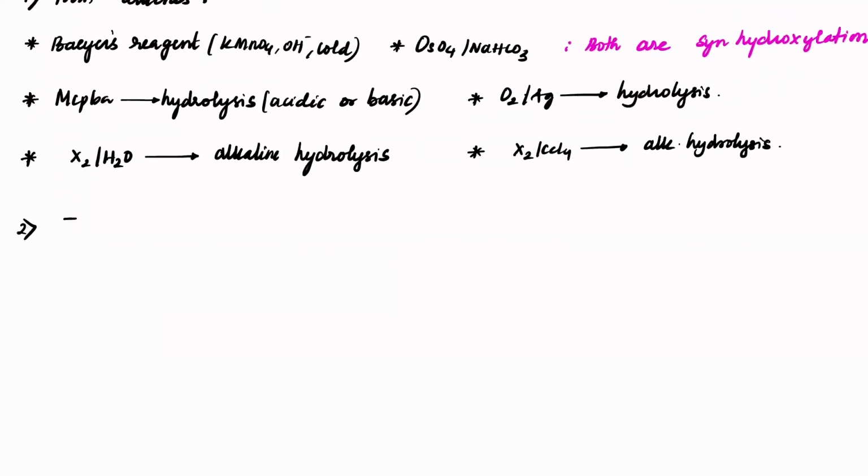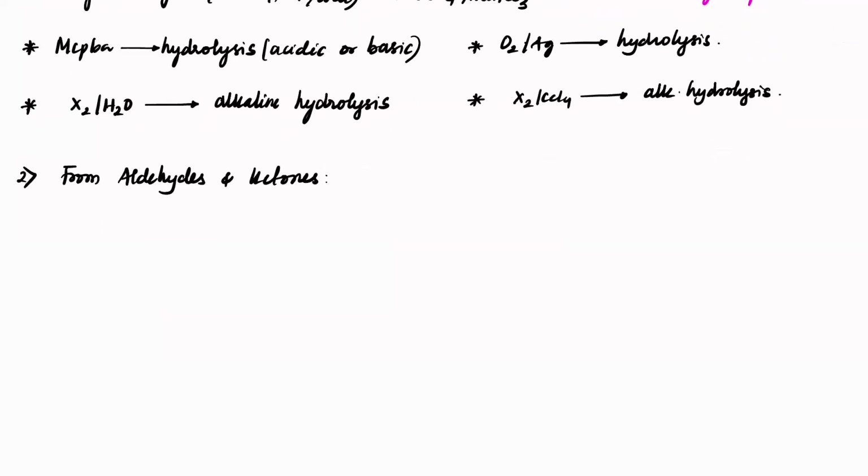Second, check out from aldehydes and ketones. Aldehydes and ketones, how we can get diols. The first reaction includes an aldehyde, RCHO.